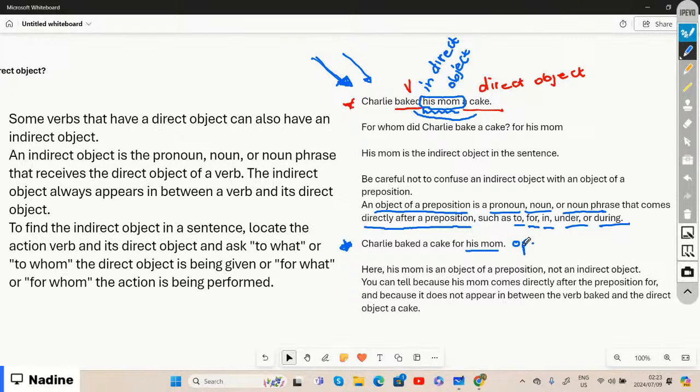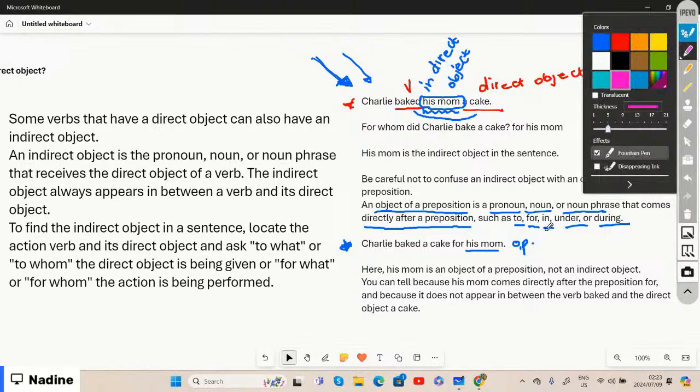I'm going to say OP, object of preposition, because it comes after the preposition which is for. So for is our preposition. I'm going to put P for preposition. A cake is our direct object, and baked is our action verb. So his mom within the sentence is our object of preposition.